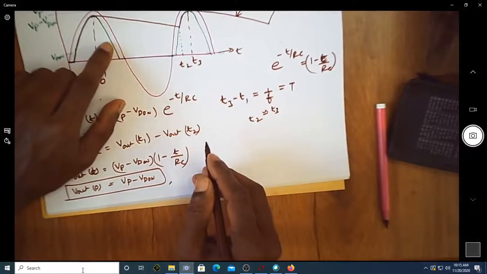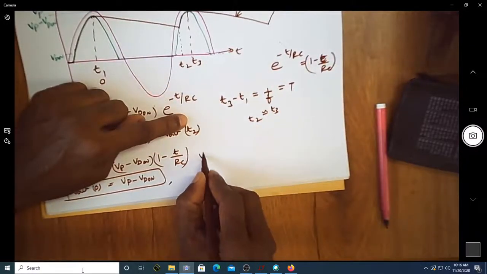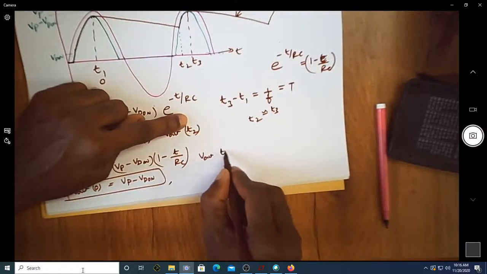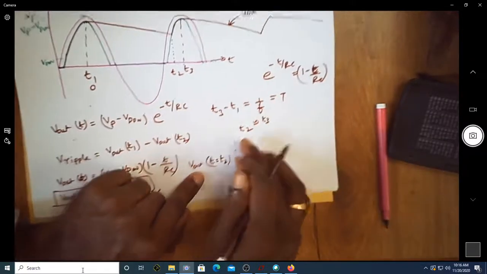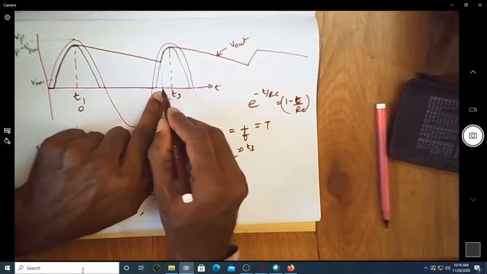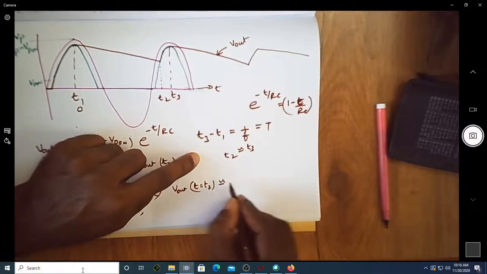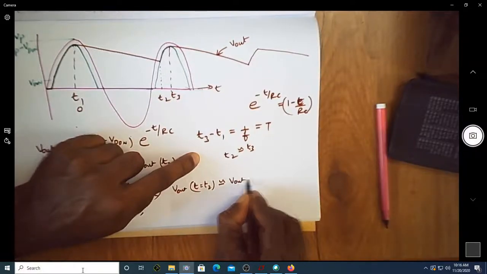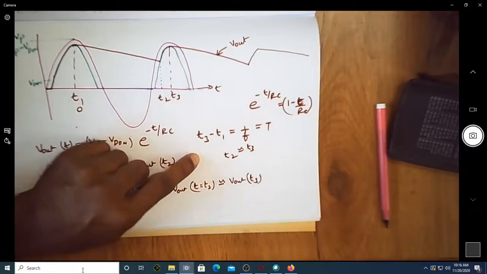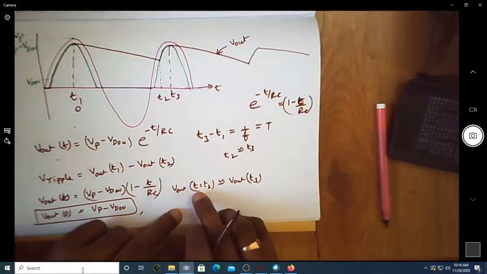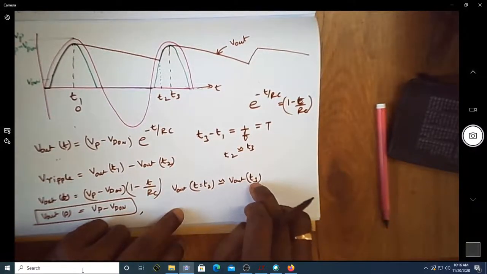Now I am interested in finding V out when t is equal to T2. Since we know that T2 and T3 are not too far away, I will write this as almost equal to V out at T3. Instead of taking it at T2, I will take it at T3.